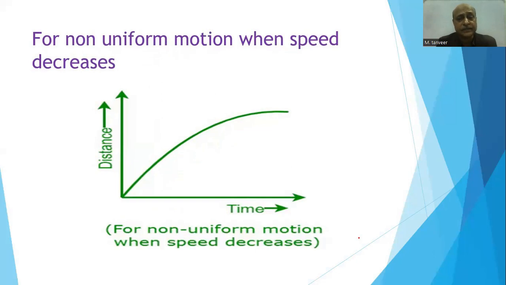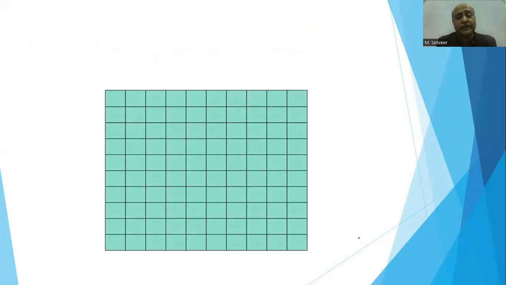In increasing speed, the graph was in upwards direction. In decreasing, the graph is in downward direction. So how will you find the speed when it is decreasing? The car is moving with non-uniform speed, so the same process: you have to draw the tangent on the graph.